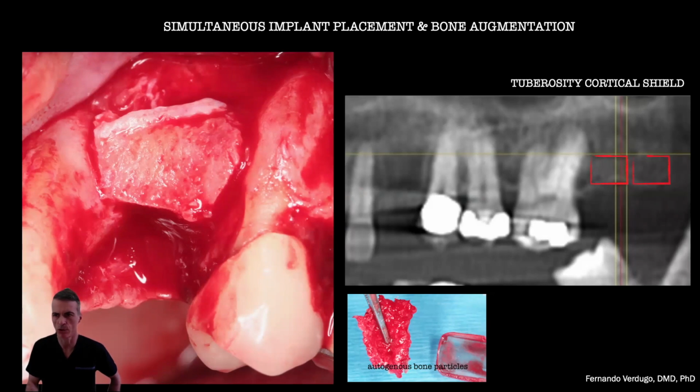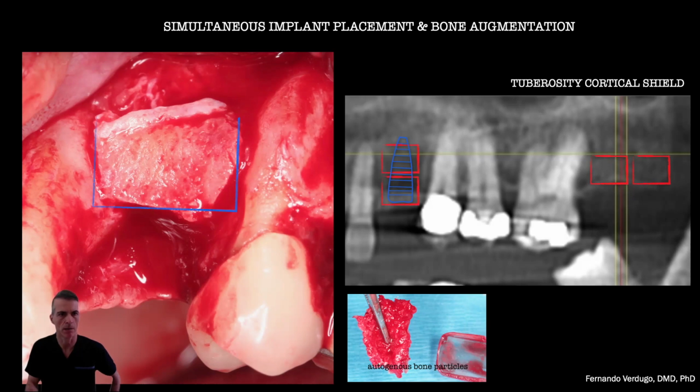The patient was a good donor, had a beautiful donor site at the tuberosity area. So we used that to harvest two cortical shields and particles to reconstruct the site simultaneously at the time of implant placement.